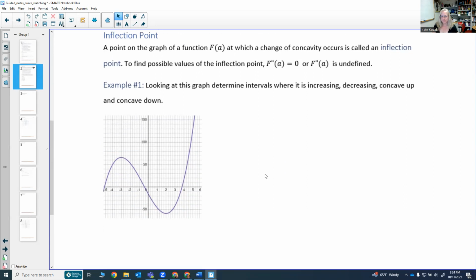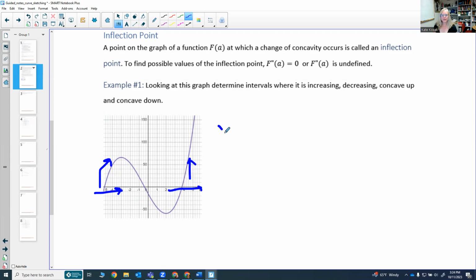So the solution to this: the graph is going up from negative infinity to about -3, and from about 2 to positive infinity.